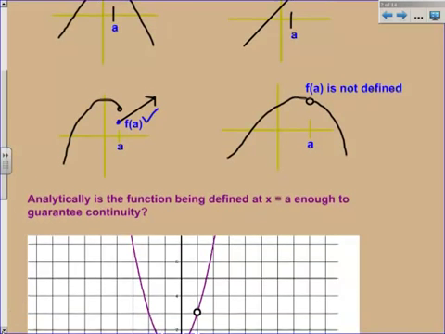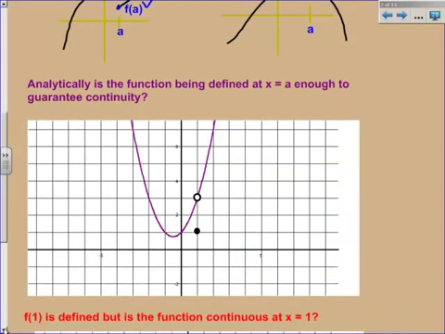So what we're looking at is, is that enough to guarantee continuity? If I have f of a, if I have a solid dot, does that mean that the function is going to be continuous? Well, here I've got a solid dot at 1. Is this function continuous at 1? Can you draw this graph without lifting up your pencil? And the answer to that is no, because once I get here, I have to bounce down here and put a little dot, and I have to come back up here and do this.